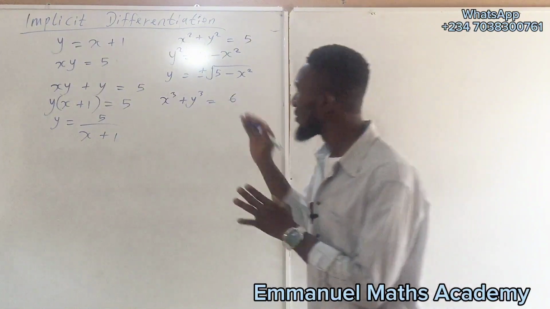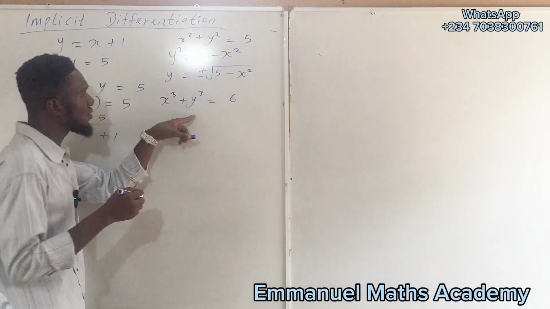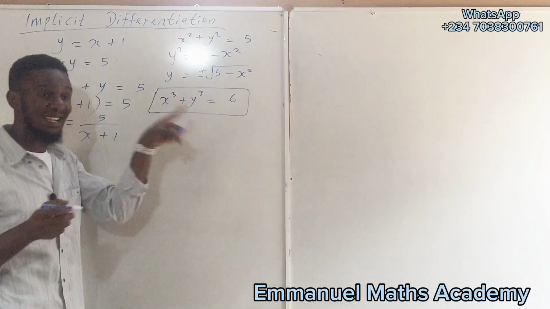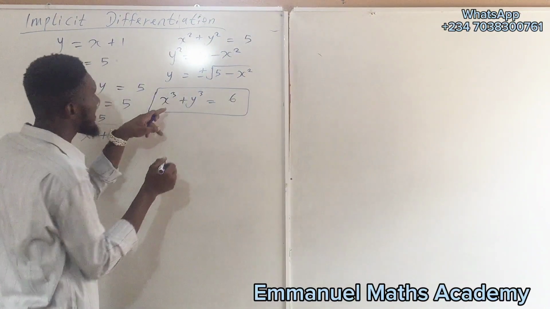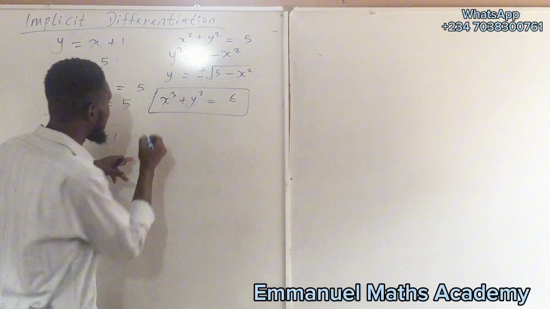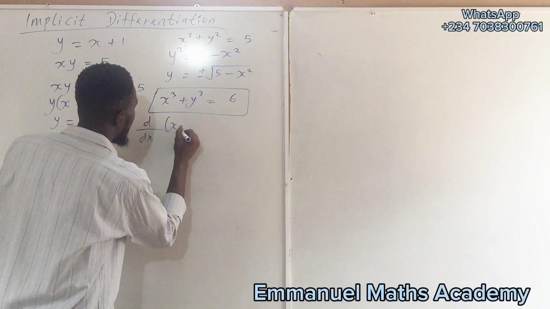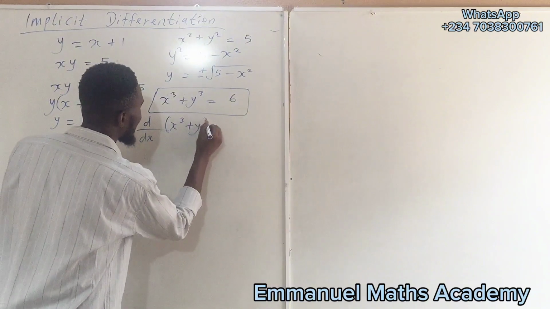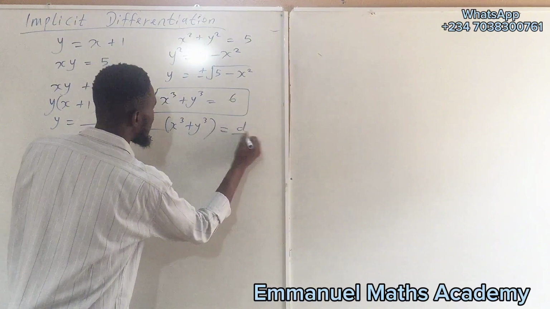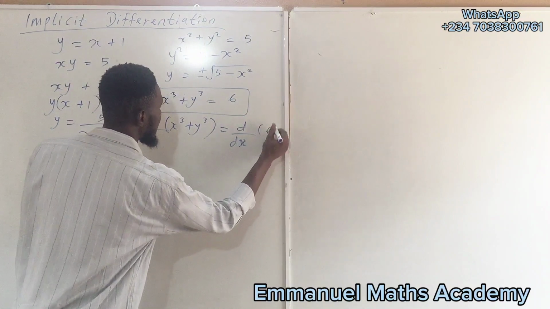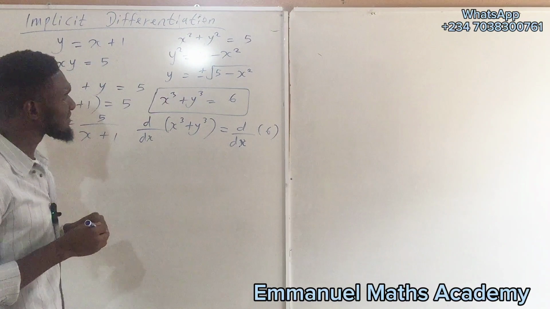So what do we do in implicit differentiation? It's pretty simple. Look at the idea. If you are given something like this and asked to find dy/dx, you take the derivative of both sides. You have d/dx of x power 3 plus y power 3 equal to d/dx of 6, right?